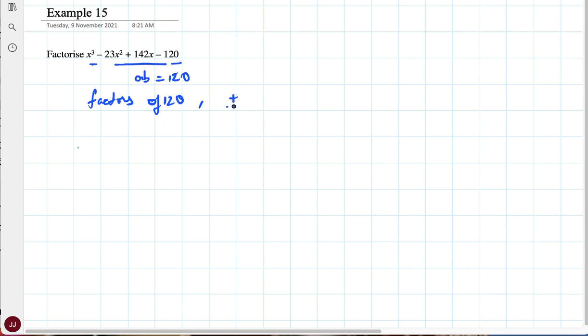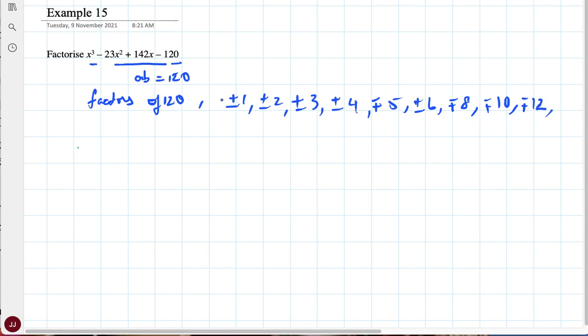So we'll start with plus or minus 1, plus or minus 2, plus or minus 3, 4, 5, 6, 8. 9 is not a factor, 10 is a factor, 11 is not a factor, 12 is a factor, 13 is not a factor, 14 is also not a factor, 15 is a factor, 16, 17, 18, 19 are not factors.